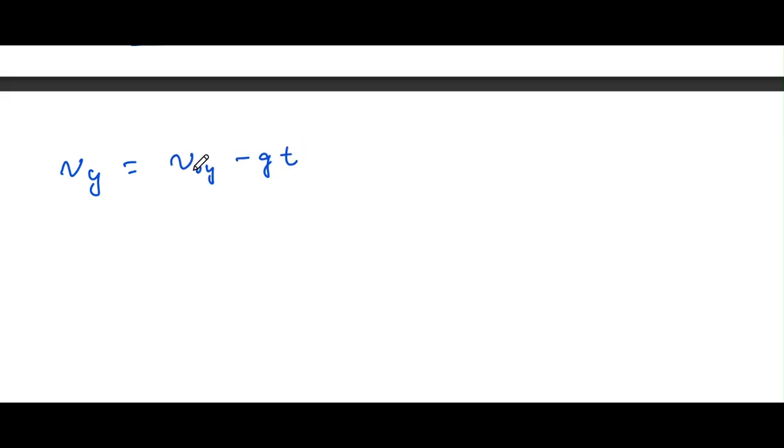And at maximum height, this should be 0, because after reaching maximum height, there should be 0 vertical motion, because if there is some vertical component of velocity, it will go up and up. If this body is going upward, then the point at which its velocity is 0 is the maximum height. From here it will start coming down.